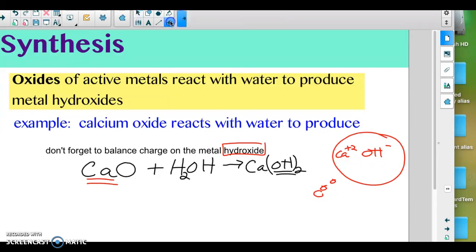Anyways, we'll just keep going. In this case, it is already balanced. I have 2 oxygens right here and on the reactant side, and then I have 2 hydrogens, and 2 hydrogens right there.